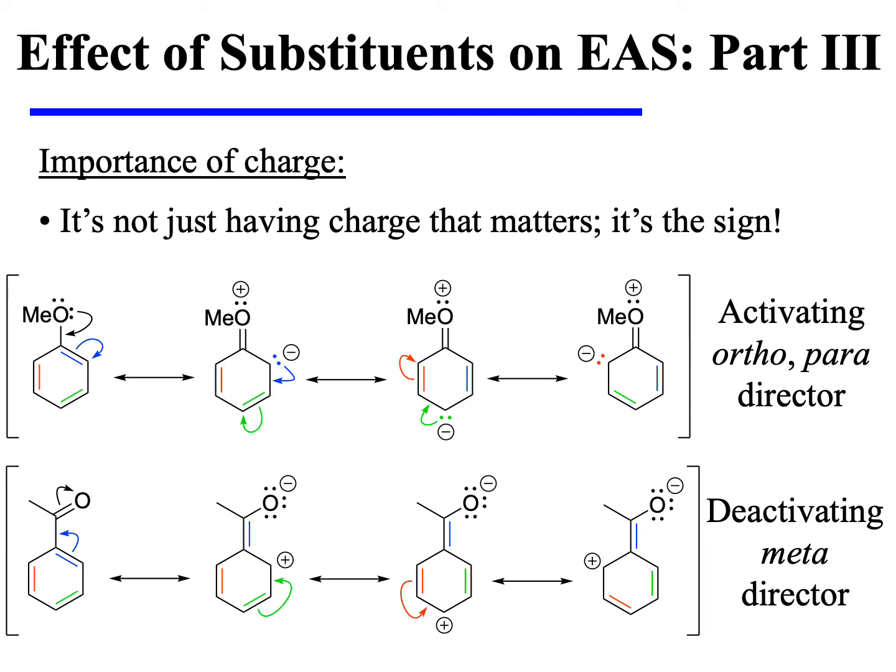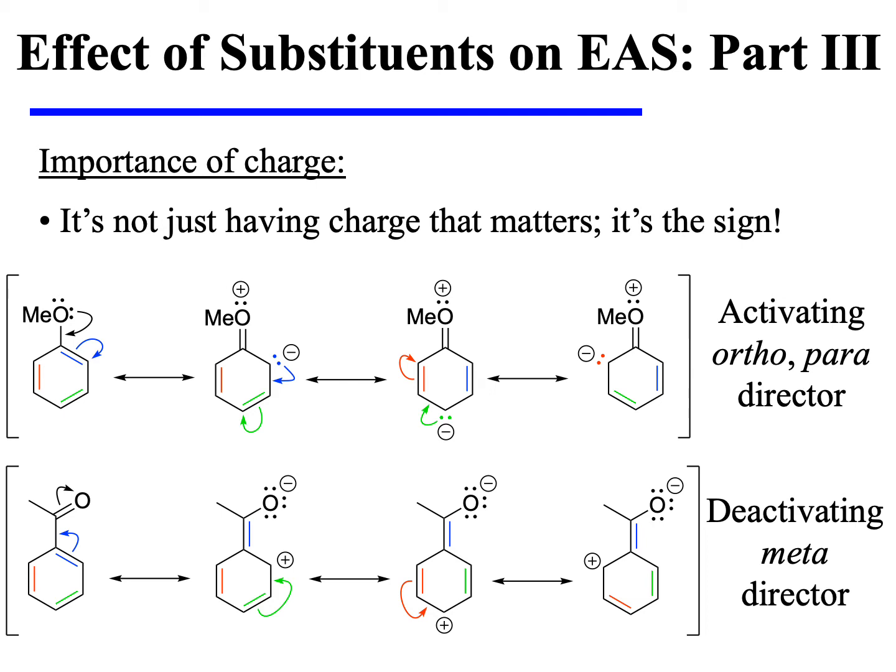Anisole was considered in part 2 of this series, and acetophenone is the substrate we are currently using. Notice that both of them have resonance structures that place charges in the ortho and para position, yet their behavior is totally different. So it is not simply that a charge exists at those sites that matters. It is the nature of that charge.